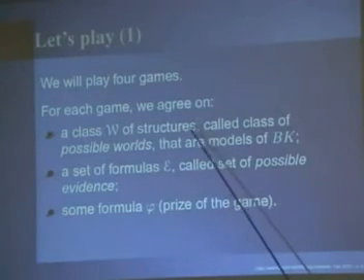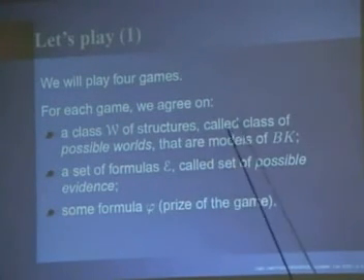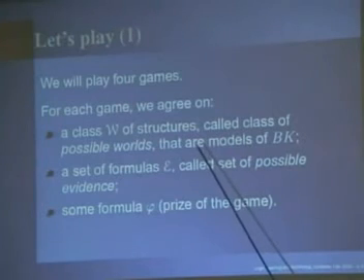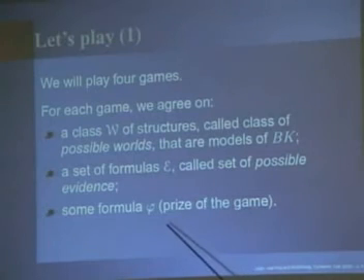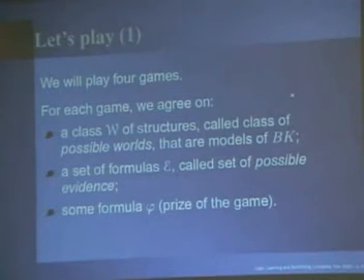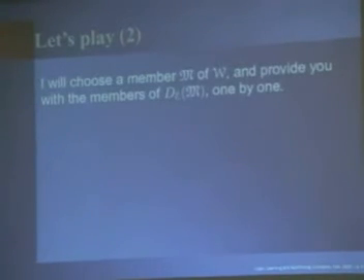It could be any model, even non-standard models. What is the set of examples that you can give to the machine? Well, you can give any literal with before, any literal of the form not predecessor of m, n, and you can give literals of the form m not equal to n for all m, n belonging to N. What is the formula phi?